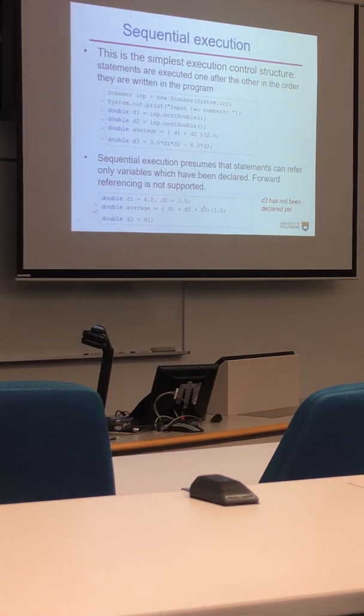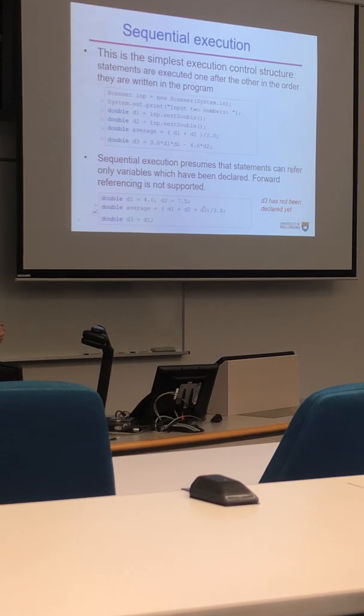Sequential execution. This is the simplest execution control structure. Statements are executed one after the other in the order they are written in the program. For example, first I construct an object input, equal to new Scanner(System.in).